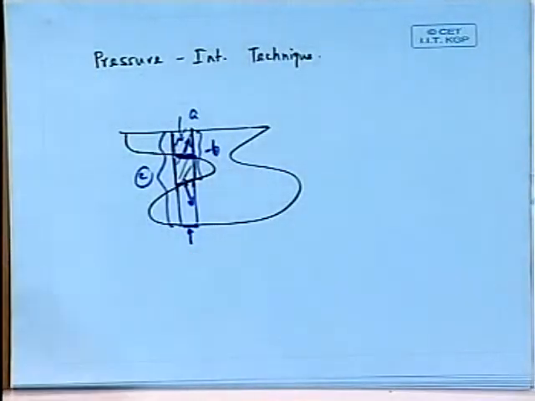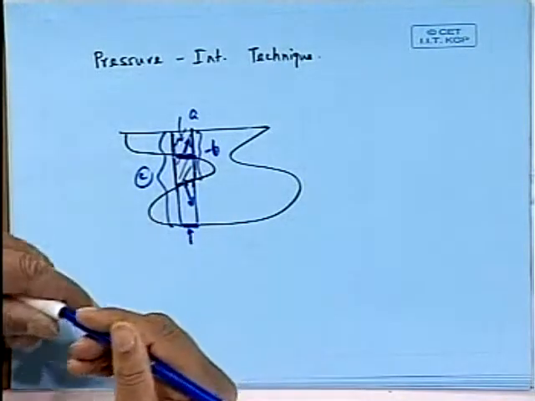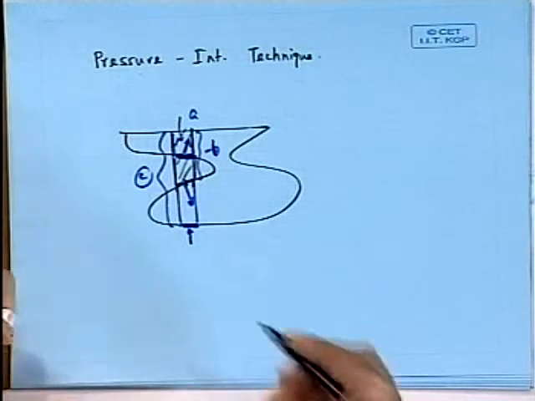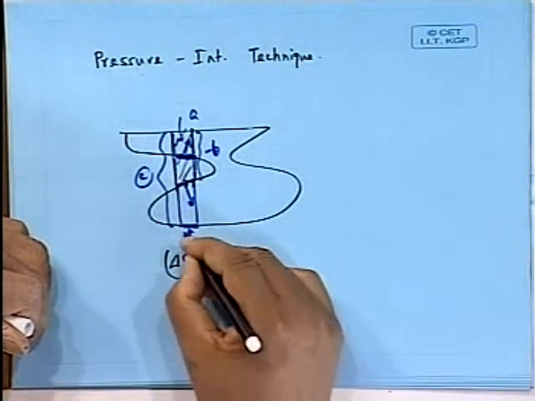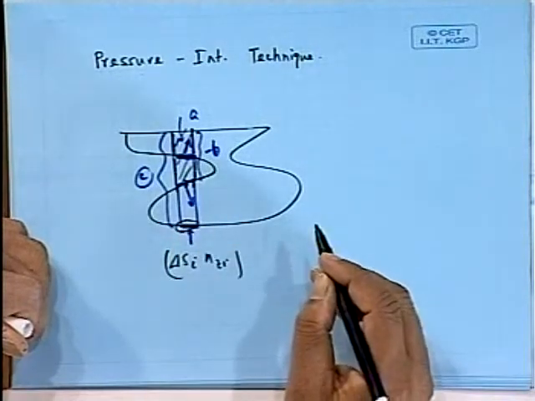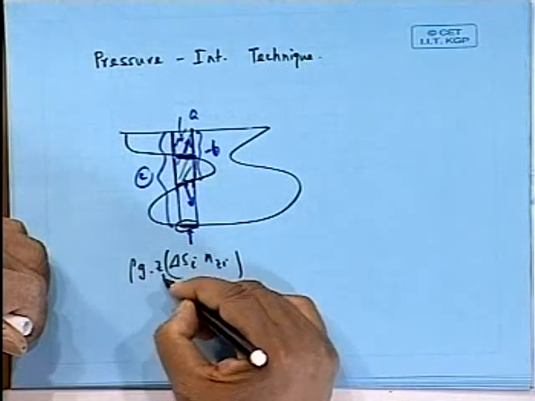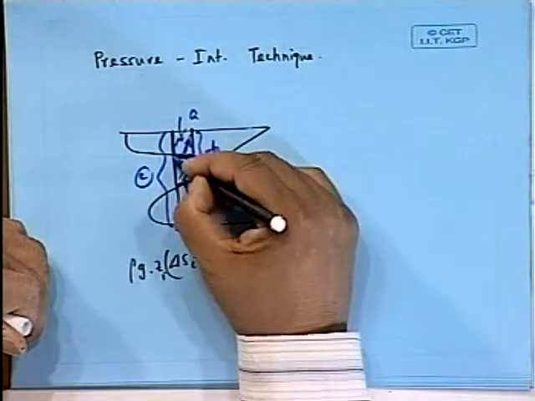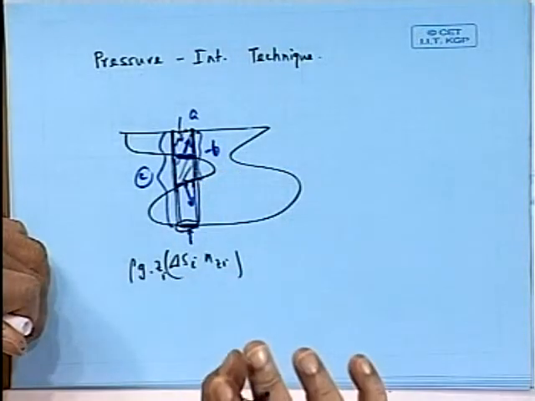See what is happening again. When I do this pressure integration, delta S_i into N_zi for this one, and into rho g of course, and z_i, I get the volume of this. Look at my hand, this much volume.